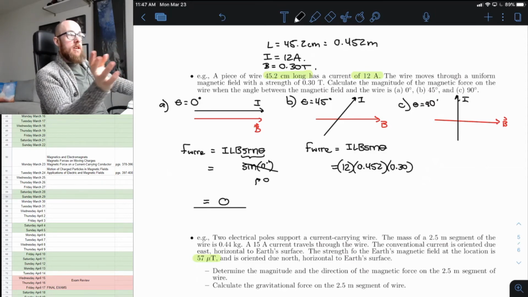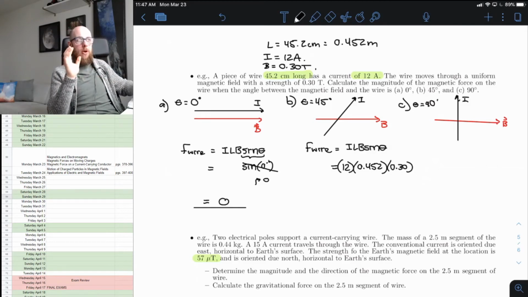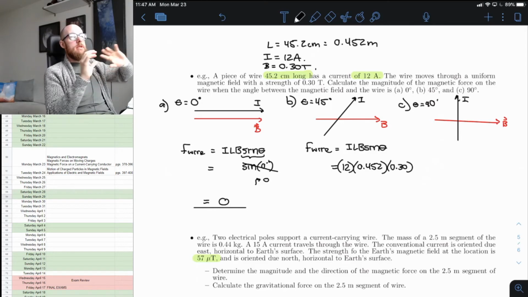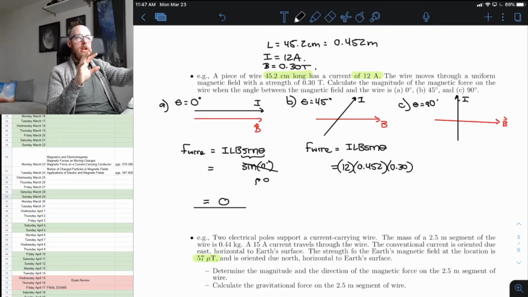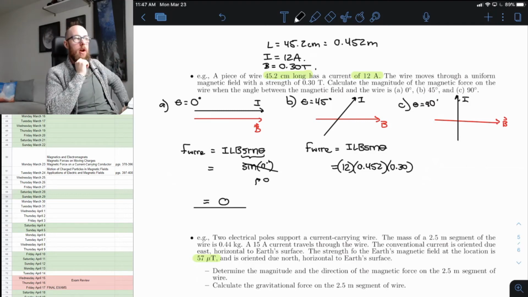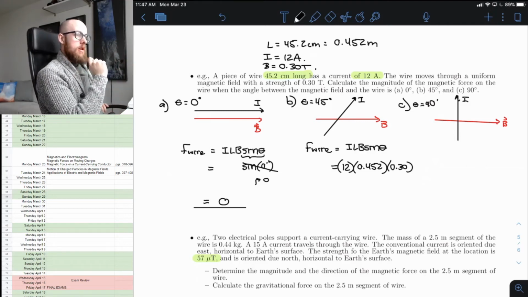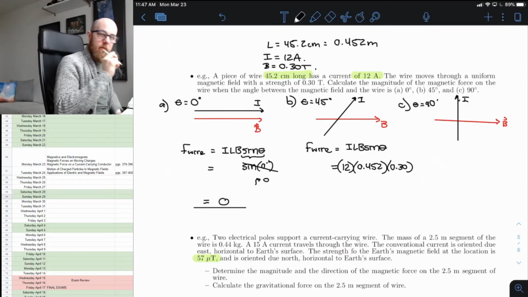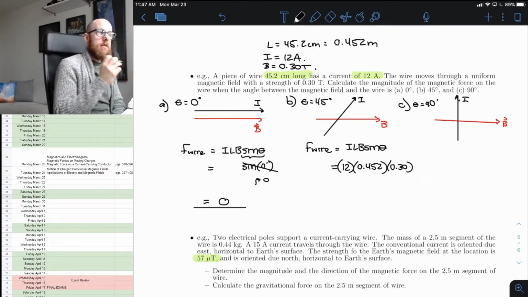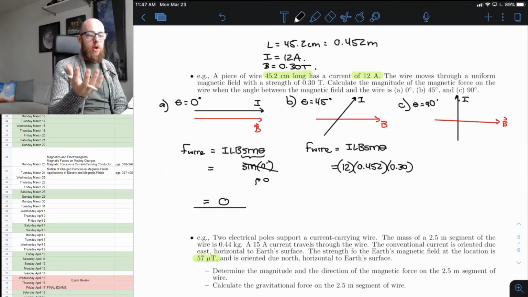So this is the case where conventional current can kind of mess you up, but just know that we're not imagining electrons flowing through this wire. We're imagining positively charged particles flowing through the wire. The magnitude will be the same.